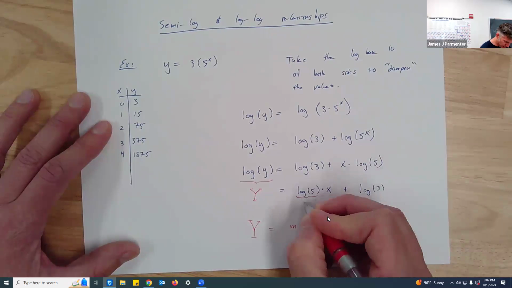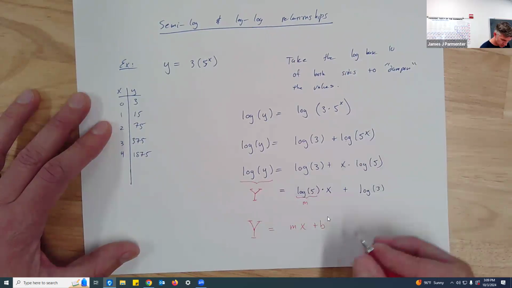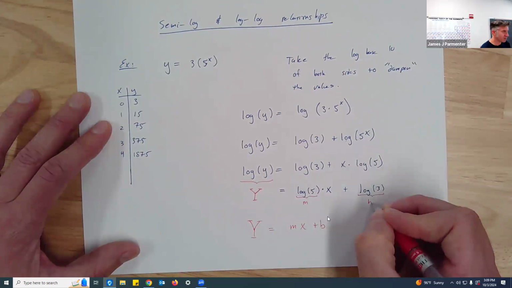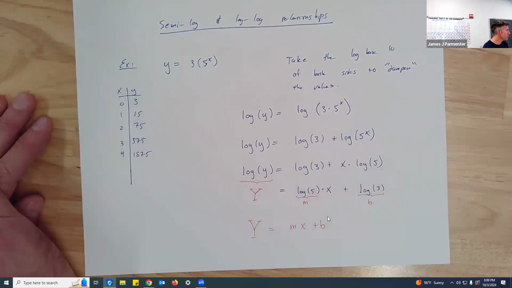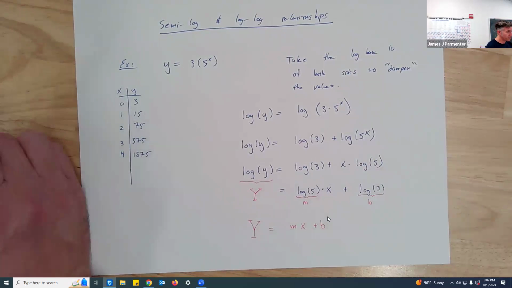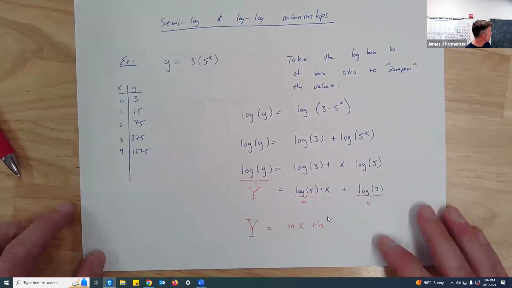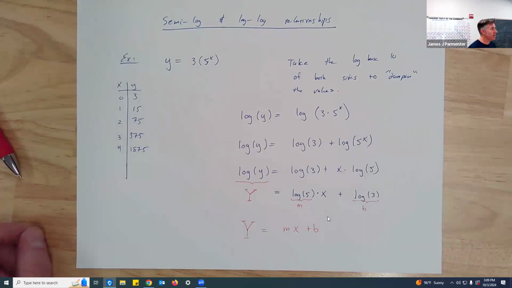There's your slope of your linear function. There's your y-intercept of your linear function. So this exponential function, exponential relationship, if you change the y variable into log of y, the y values get dampened and you get a linear relationship.